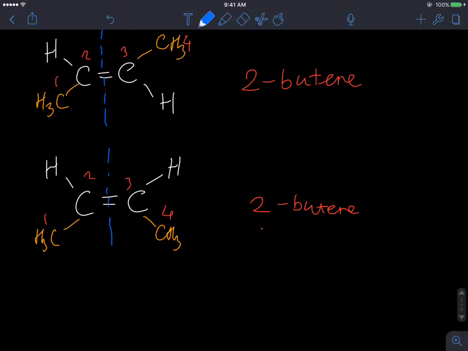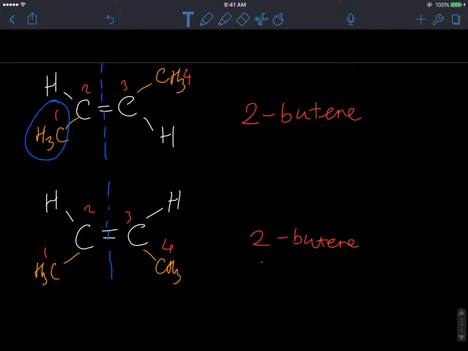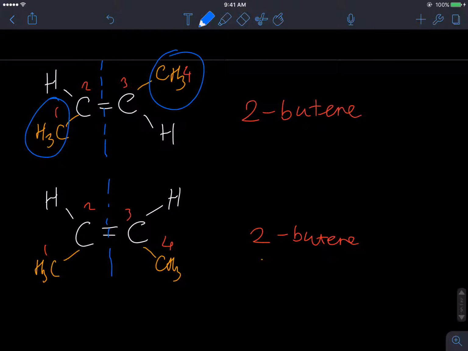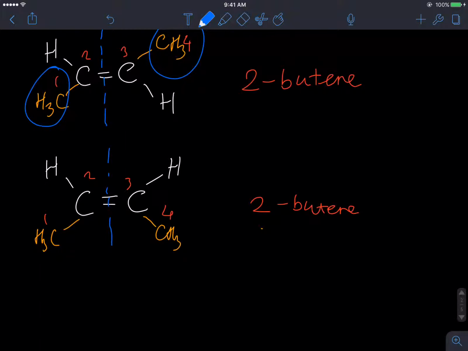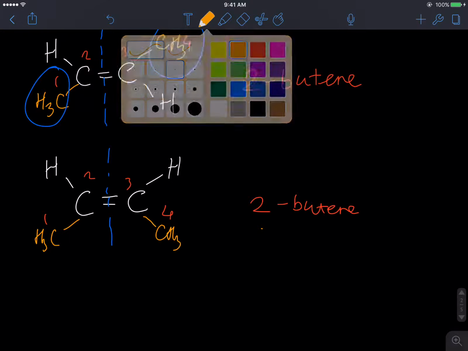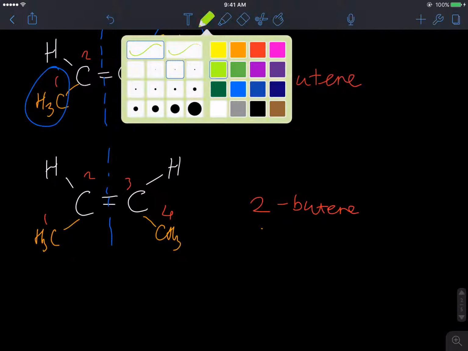For this molecule, we already defined that these two are the biggest groups. Trans means opposite, different sides. So after we look at the left and right sides of the bond, now we look at the top and the bottom sides, because we already have two different sides. Let me use different colors.